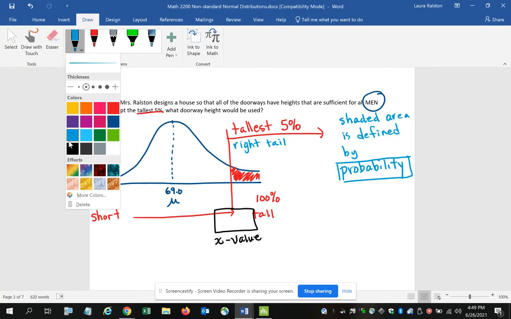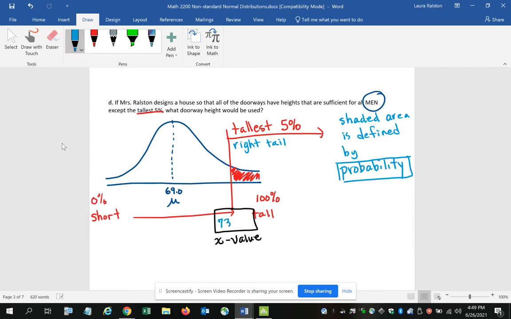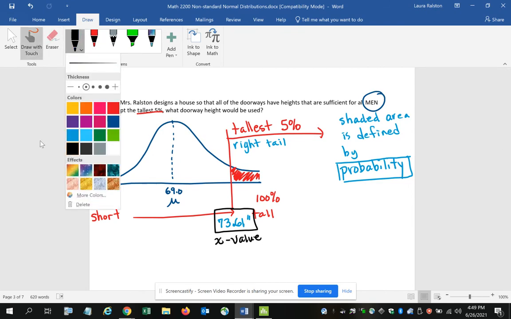So my x value here is 73.61 inches. So I could redesign the doors in my house so that they're only 73.6 inches, or maybe round up and do 74 inches, and I would still be able to fit all the men except the tallest 5%.